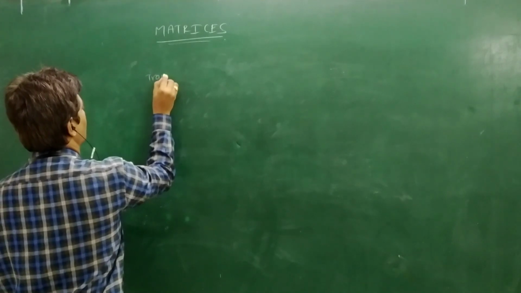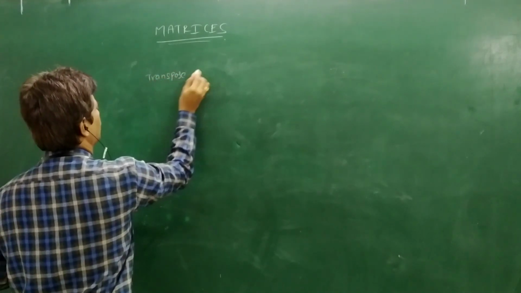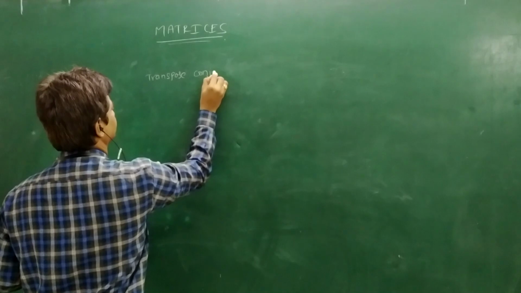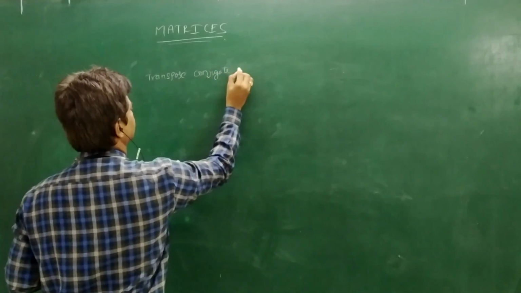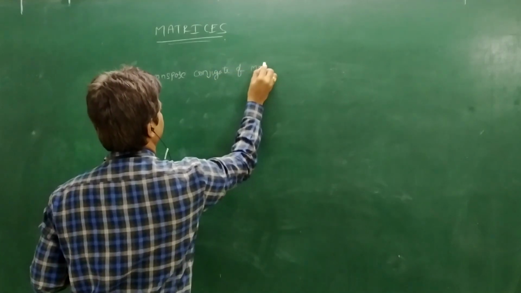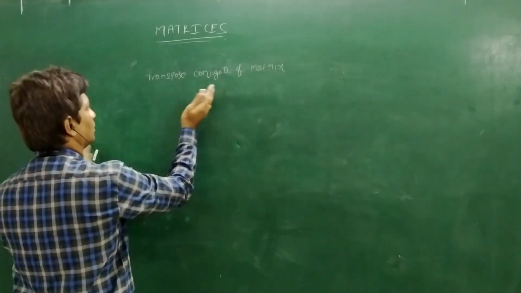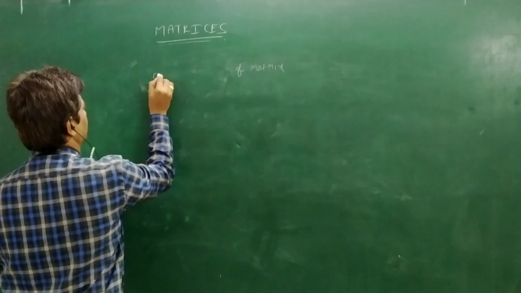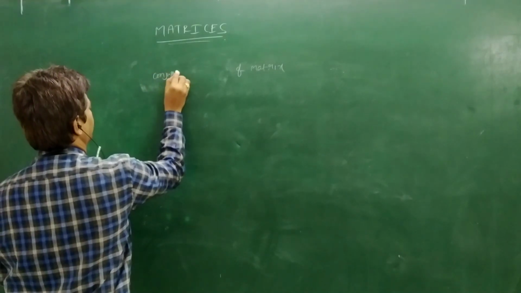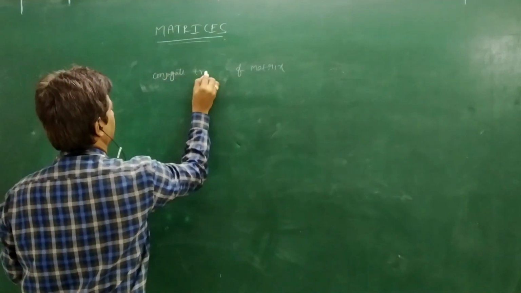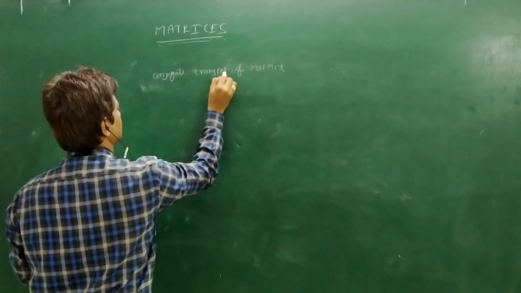Now, first of all, you should know what the transpose conjugate of a matrix is. We can write transpose conjugate of a matrix or conjugate transpose of a matrix; in any way we can write it.